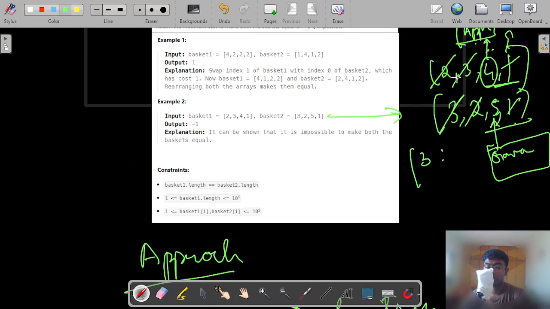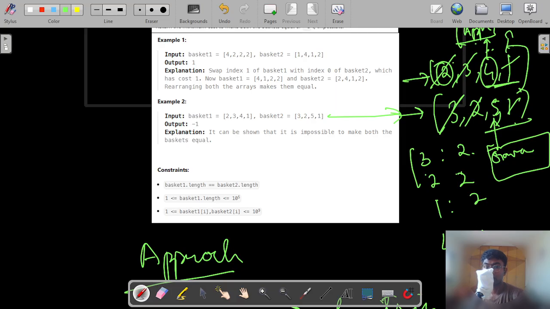And as I said, let's say here if we keep track of all the unique values, so let's say 3, 2, 1, 4, and 5. We get this as 2, that is, we are counting for both baskets: 2, 2, 2, and 4 is seen only in basket 1.